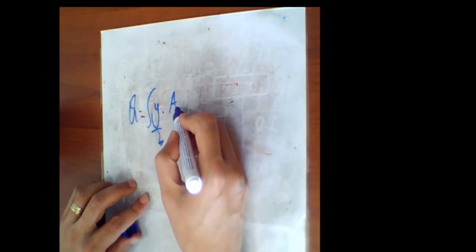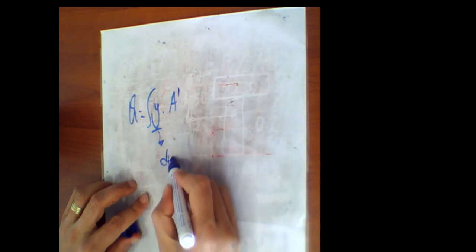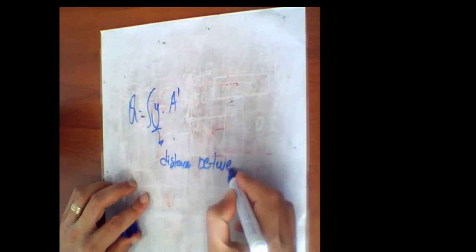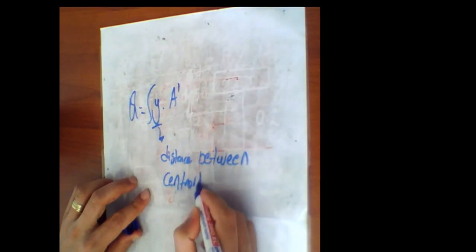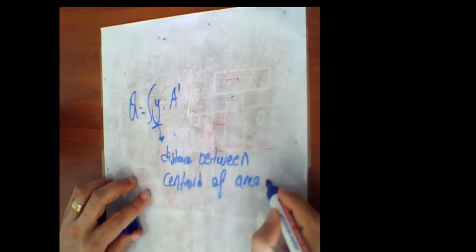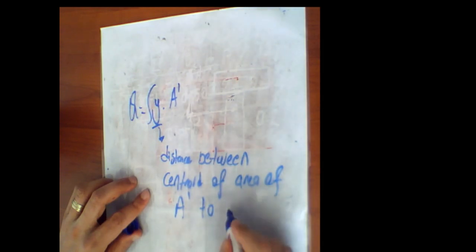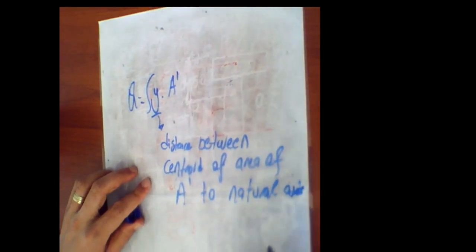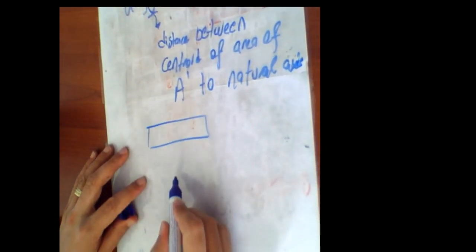it is the distance between the centroid of area A prime to the natural axis. Therefore, in our question, we have a shape like this.